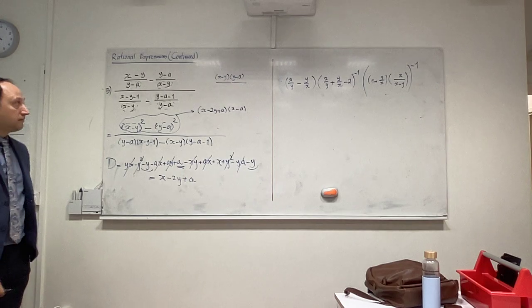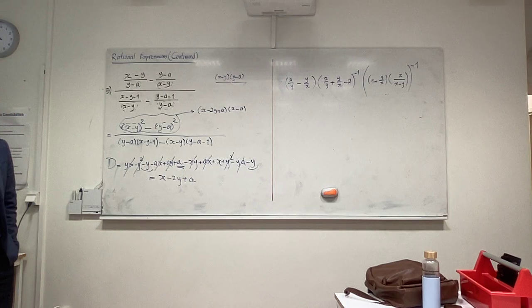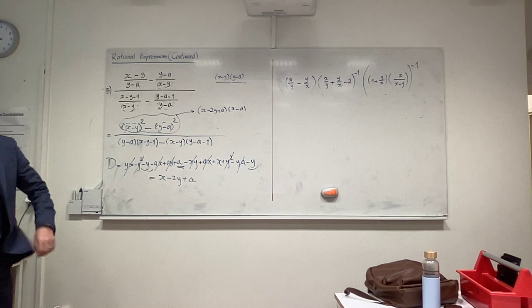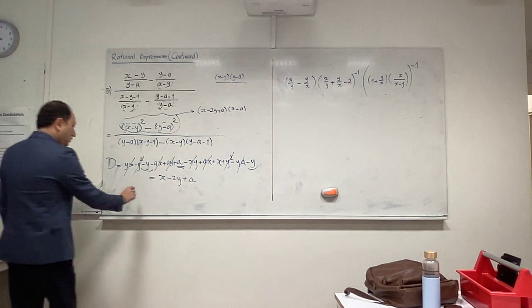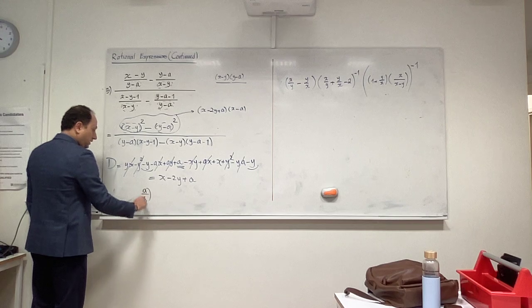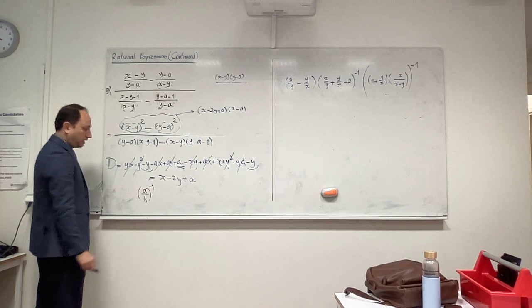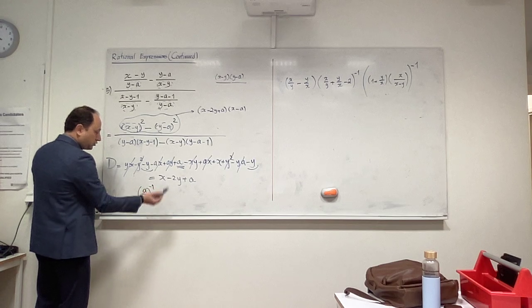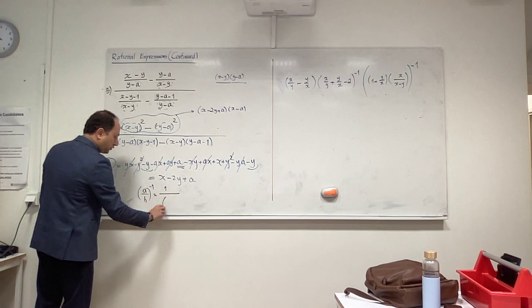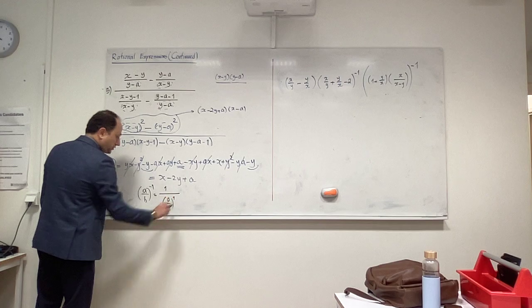Probably begin by, because the power of minus 1 just means, if you have a fraction a over b, when you say to power minus 1, what does it mean? We flip it. It becomes b over a. Why? Because any number to a negative power means 1 over a over b to the power of positive 1.